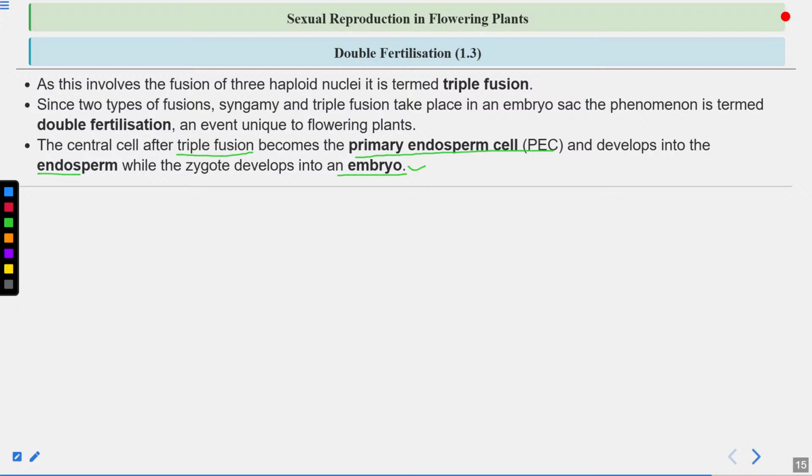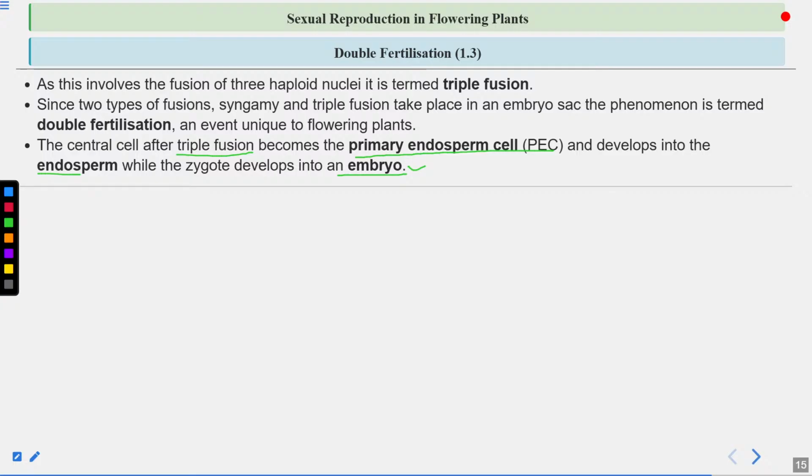Which will form early? Okay, I got two answers, endosperm and embryo. So, first of all, endosperm will form and later on embryo will form.